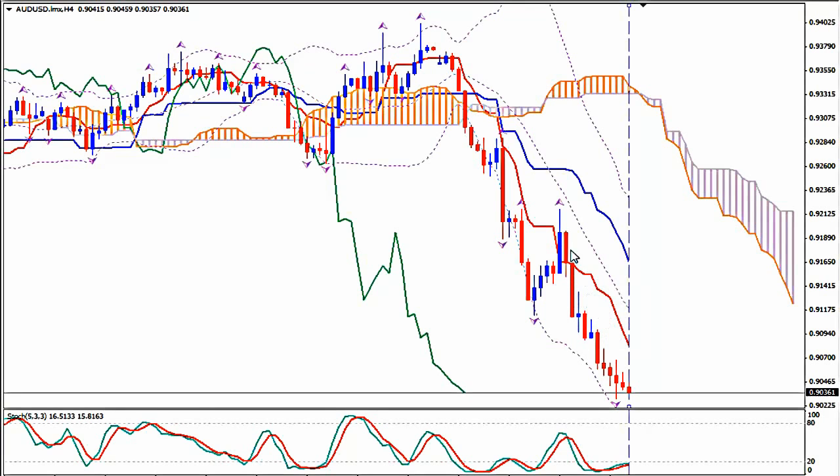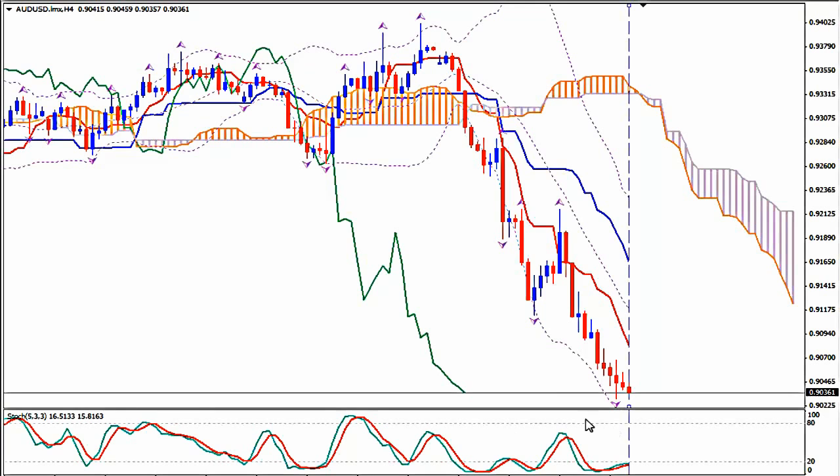So in order to enter short and take this big downward ride with the markets, I have to wait for a correction. The bigger the correction, the better. I would prefer to have a correction all the way up to the median Bollinger Band before I enter short.